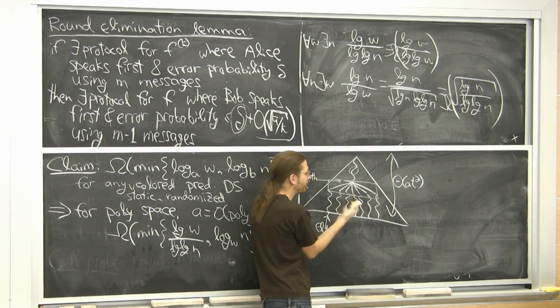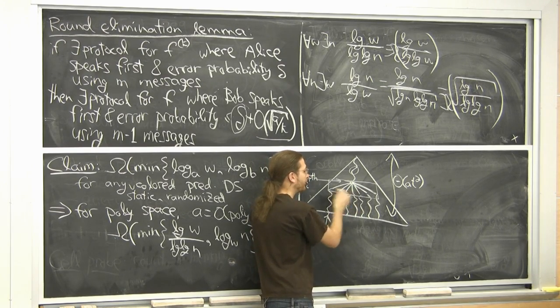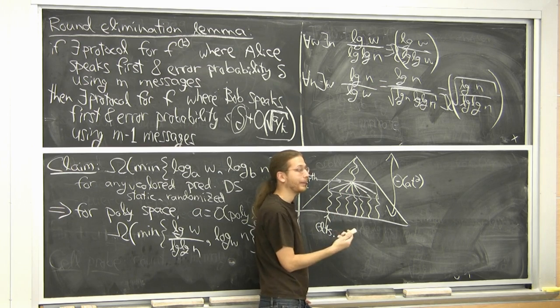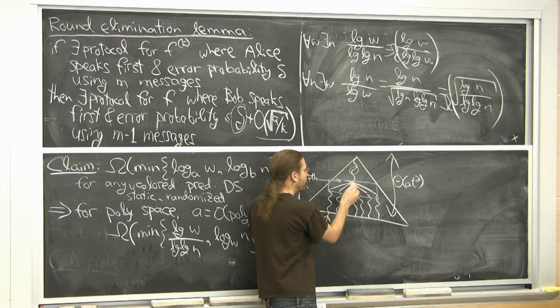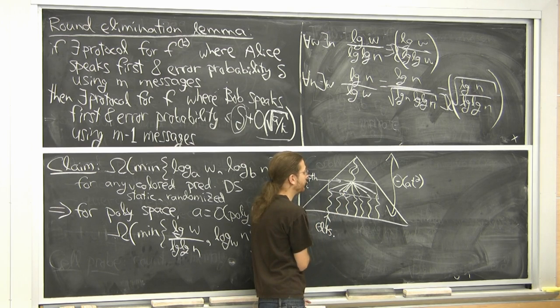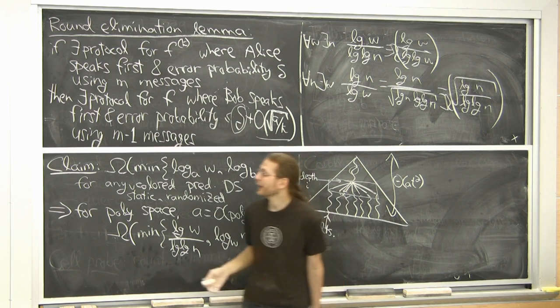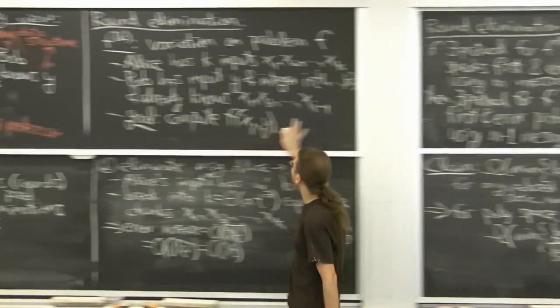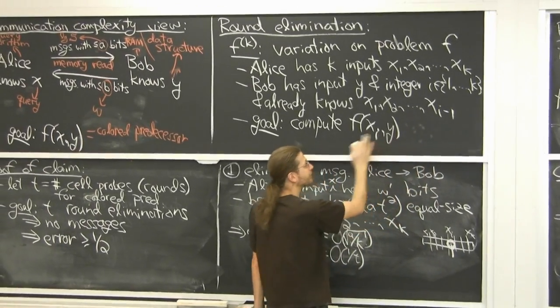Or together, Alice and Bob somehow have to figure out what is the predecessor at this node of xi. Which way the query goes, which could be in between one of these, that is xi. The rest of the xj's don't matter. Only xi matters. And so the problem reduces to computing predecessor here, and that matches the definition of f to the k. So we have successfully set up an f to the k problem.